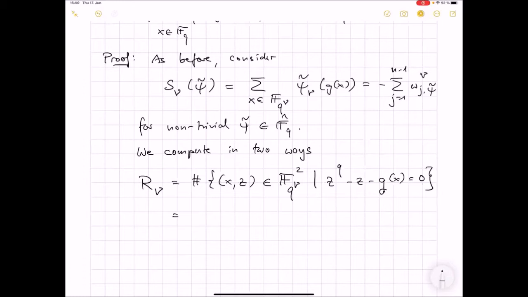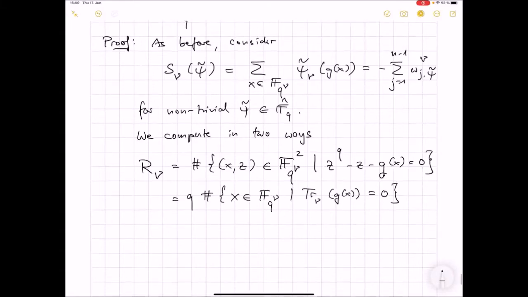That's Hilbert 90, if you want. And if this is the case, then you have q choices by Frobenius. So that's q times the number of x in F_q^nu such that the trace of g(x) equals 0.